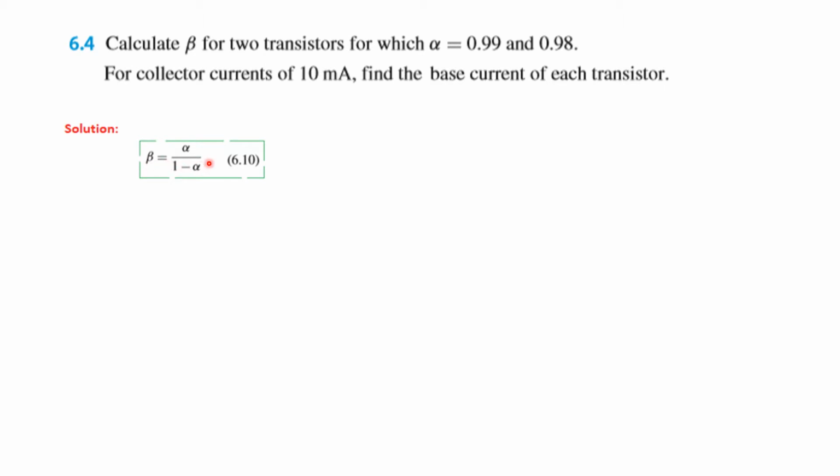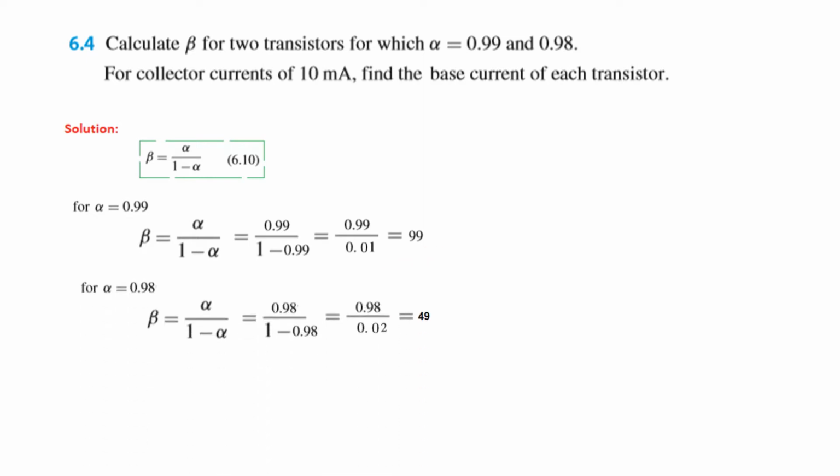This formula we'll use. Simply plug in the values for alpha 0.99. We get this term, which is equal to beta 99. And similarly for alpha 0.98, plugging in the value, we find beta to be 49.